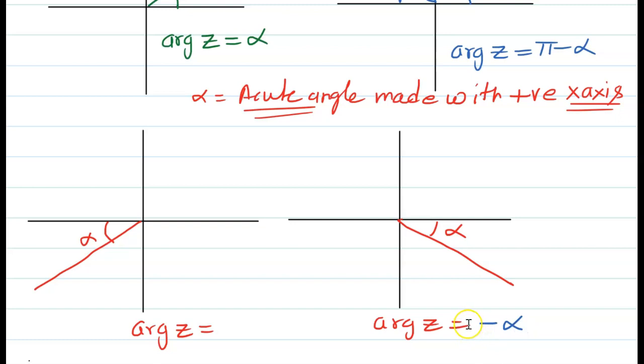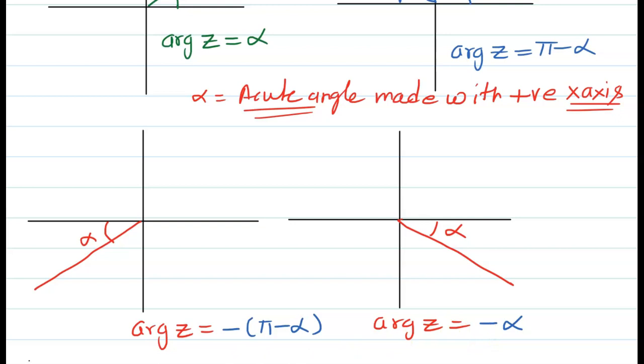In the third quadrant, argument z will be minus pi plus alpha, and if it is lying in the fourth quadrant, then argument z will be minus alpha.